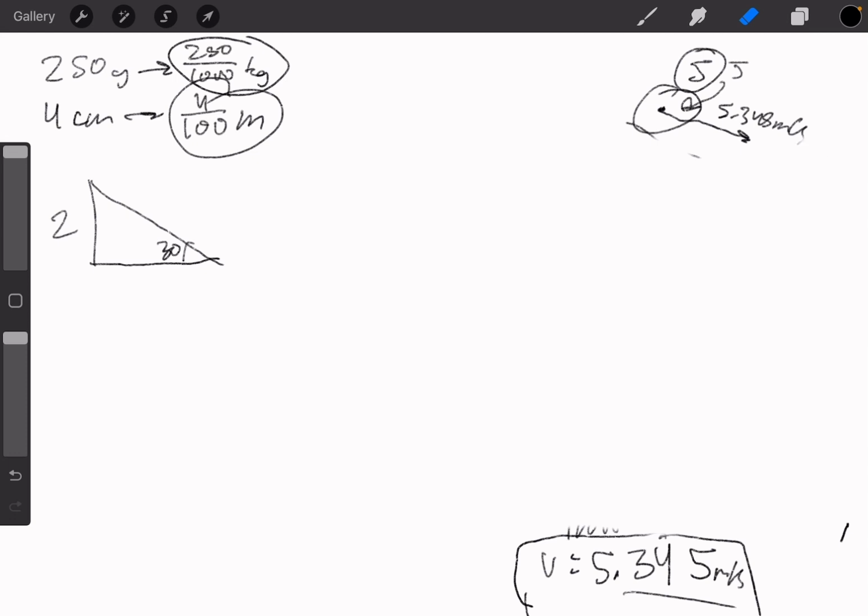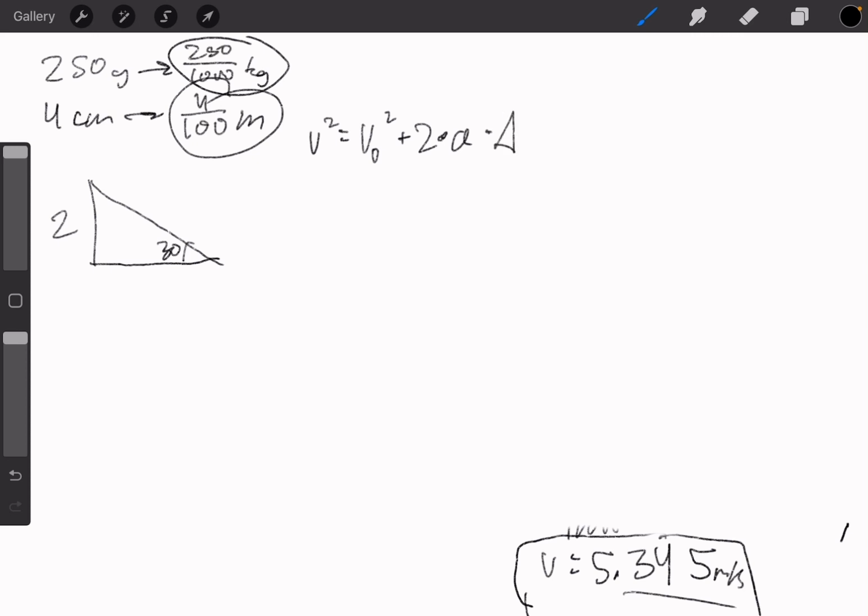Now we can use the formula v squared is equal to v sub naught squared plus 2 times a times delta x. But how do we find delta x?